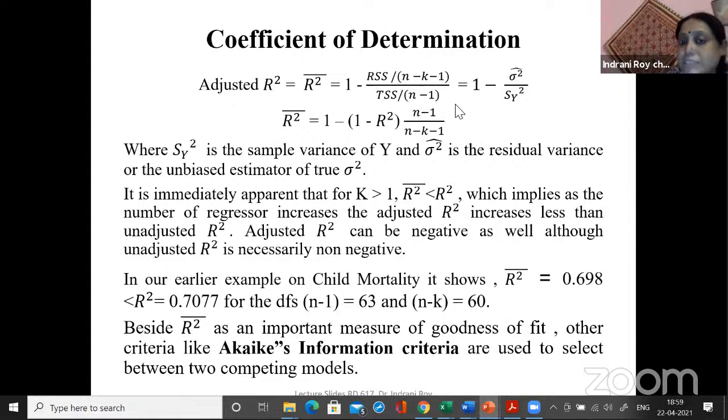And if you keep this constant, what happens to 1 minus R square? If R square increases from say 0.75 to 0.80, what will happen to 1 minus R square? It will fall, since you are deducting from 1 something which is reduced. So what happens to your R bar square? It will rise.